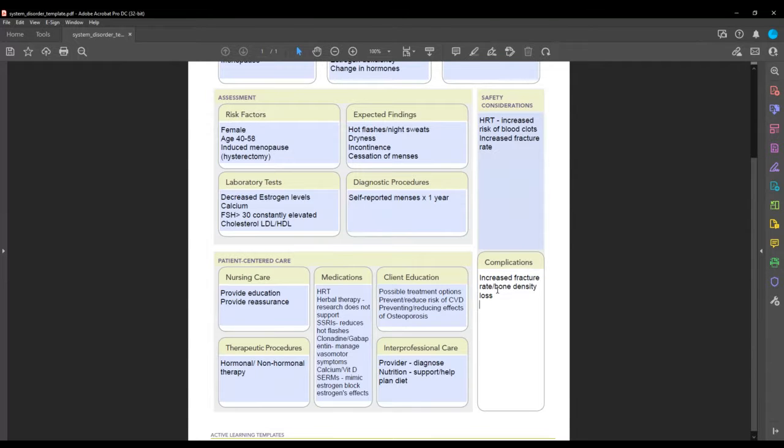Stress incontinence, stress or urge incontinence. Blood clot, so MI. I'll just put cardiovascular disease to cover that.